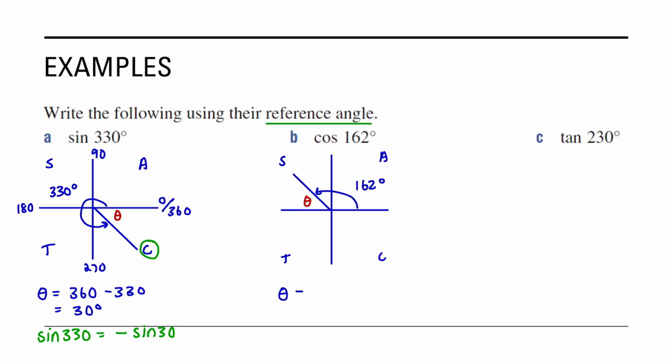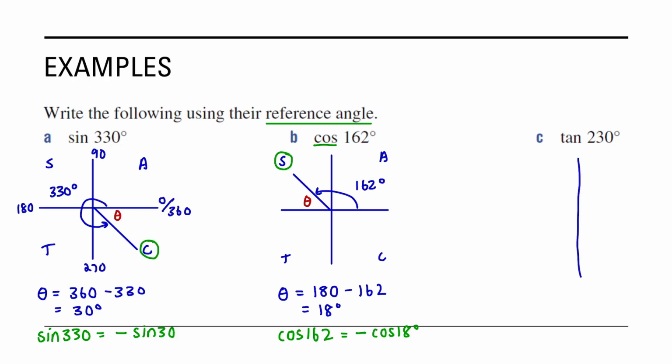So theta is equal to 180 take away 162 degrees. So I'm left with 18 degrees. Now I'm in the second quadrant, which is where only sine is positive. But because I have cos, can you see that it's going to be negative? So cos 162 is equal to negative cos 18 degrees.